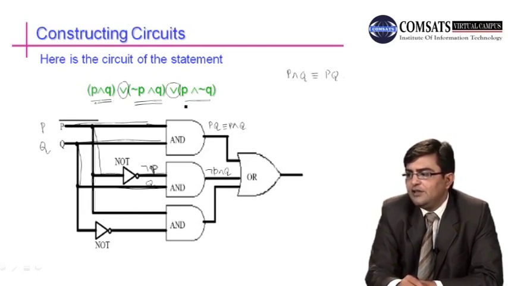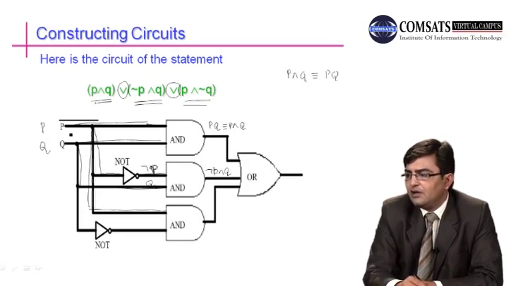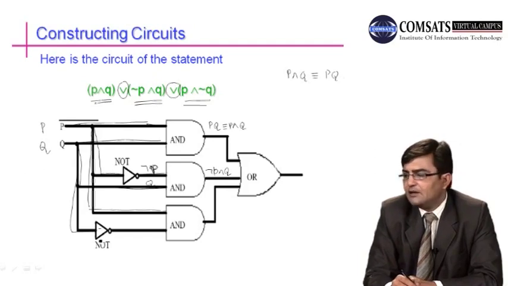At the last we need P. We draw a line here which comes as the input of AND, and we have not Q, and we draw a line here for Q, and here we have drawn a not operator.